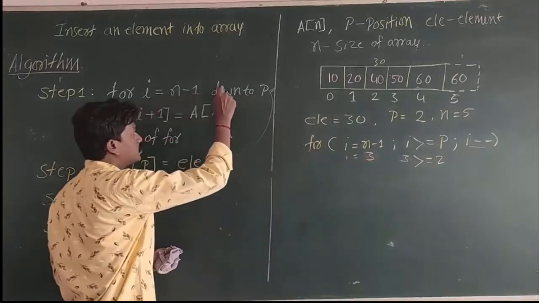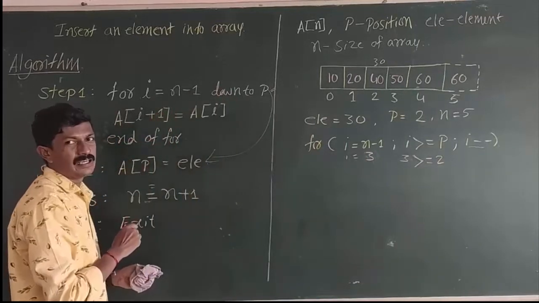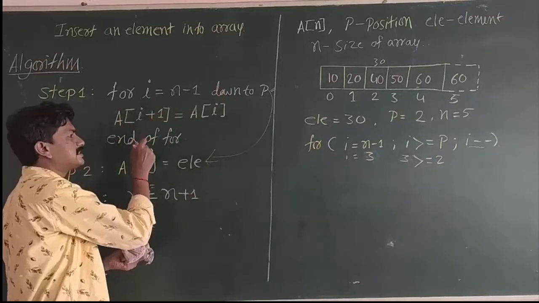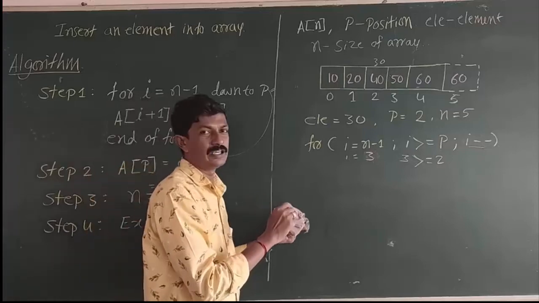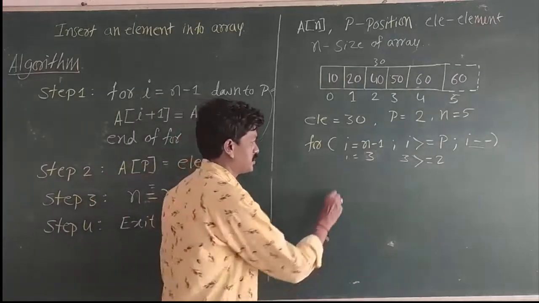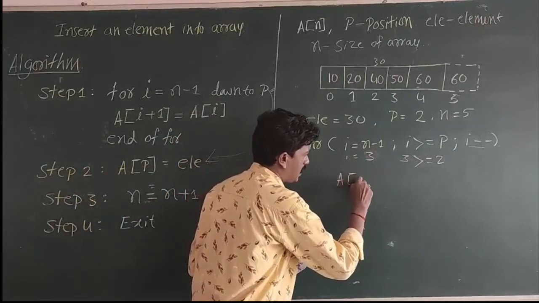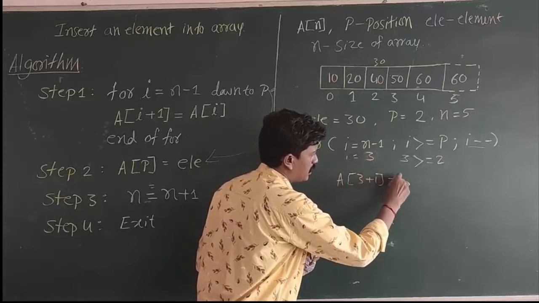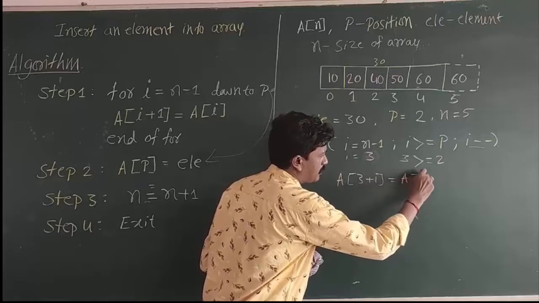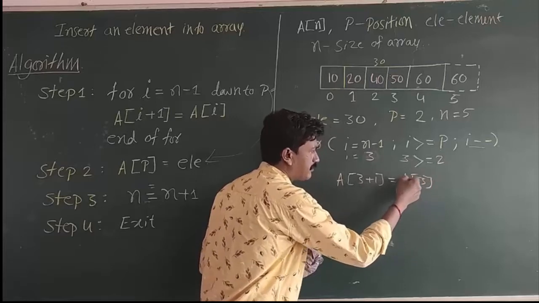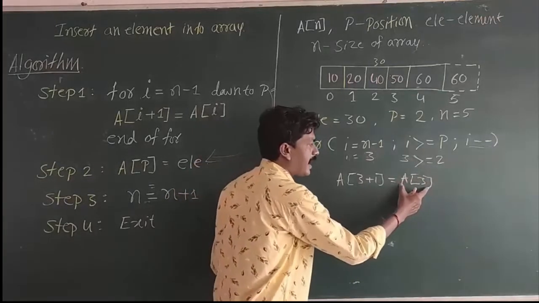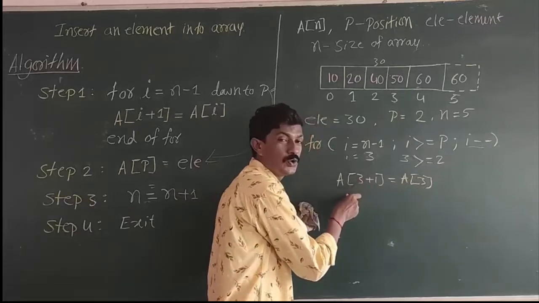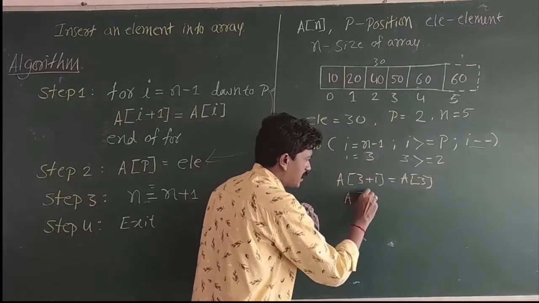Once this condition becomes true, it performs the shifting operation, meaning the content of the third position is shifted to a higher position: a of i plus 1, that is a of 3 plus 1, equals a of 3, which means the content of a of 3 should be shifted to a of 4.